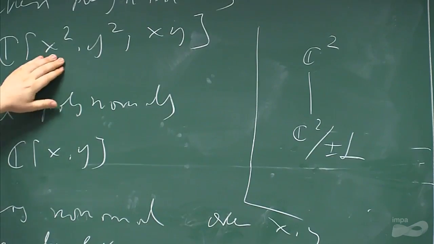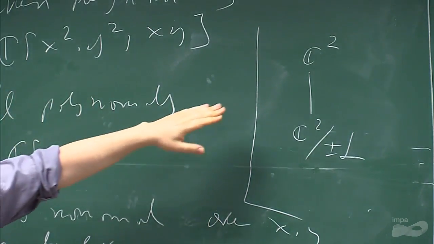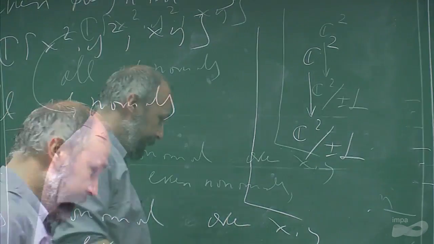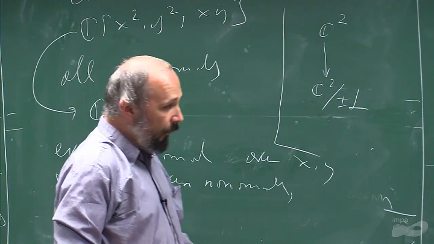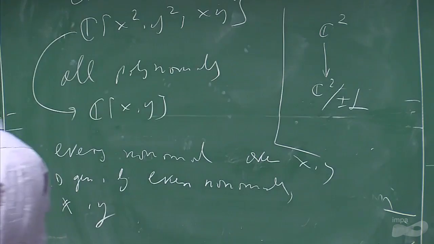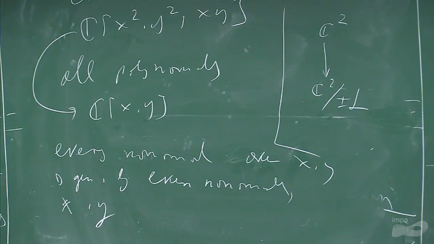So this is even polynomial functions, and this is all polynomial functions. This is a finite morphism. In fact, all finite morphisms are obtained as group quotients. We shall see that at some point. Well, no, I'm not entirely correct. Let me give you another example.